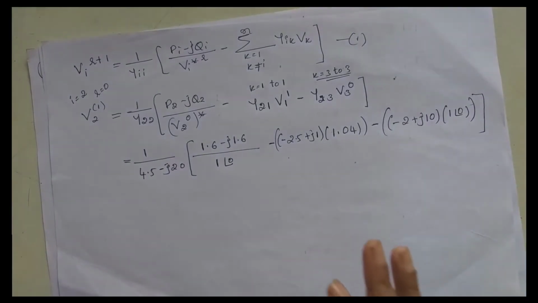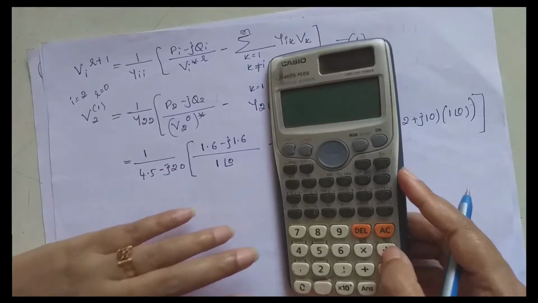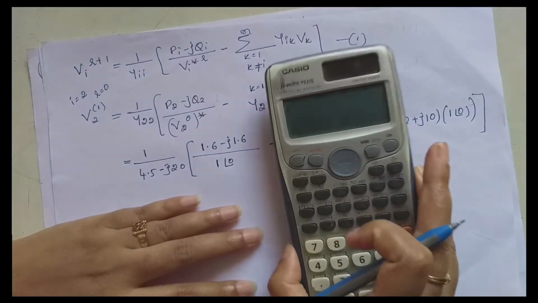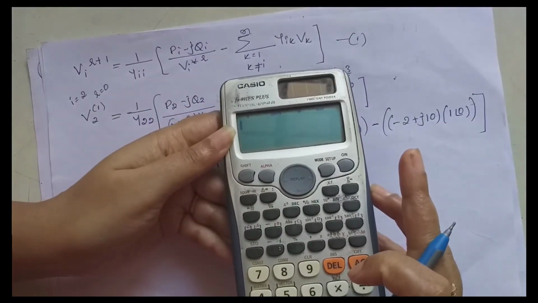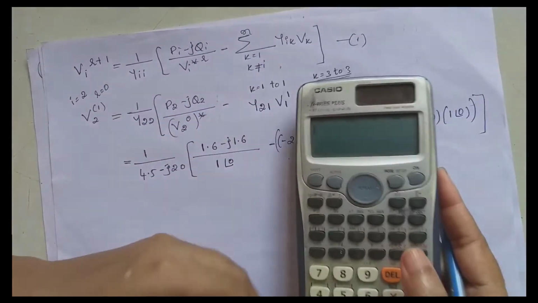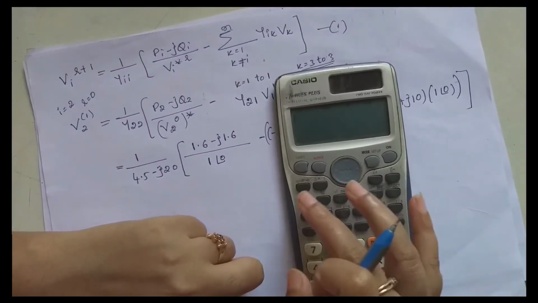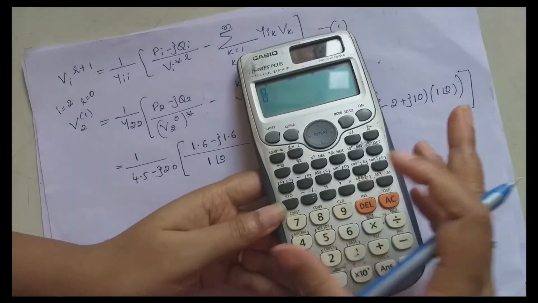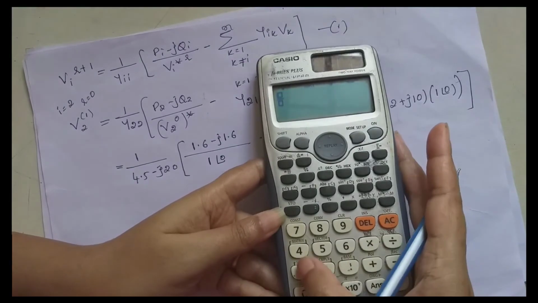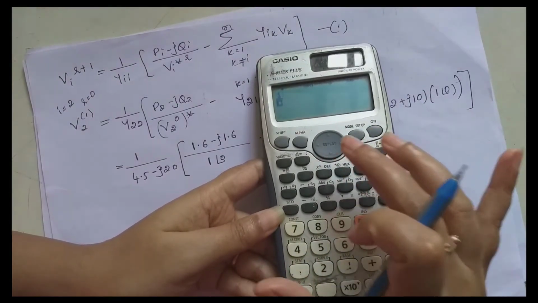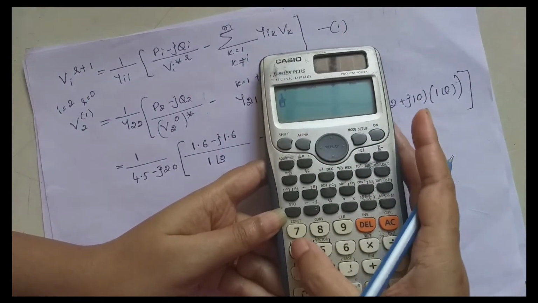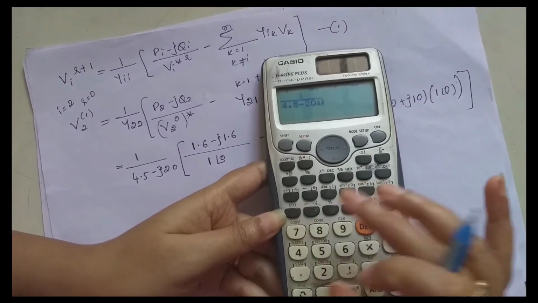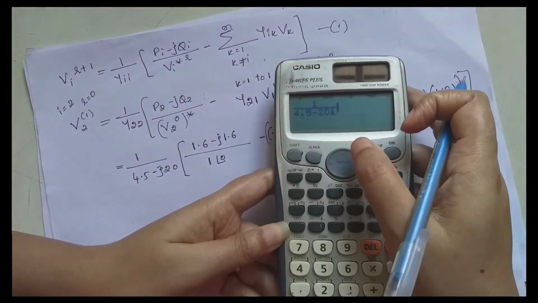Okay, so calculating, we just use Calc. In Calc you keep complex mode. So take numerator 1.6 minus 1.6i, denominator 1 minus 4.5 minus 20i, keep complex mode.